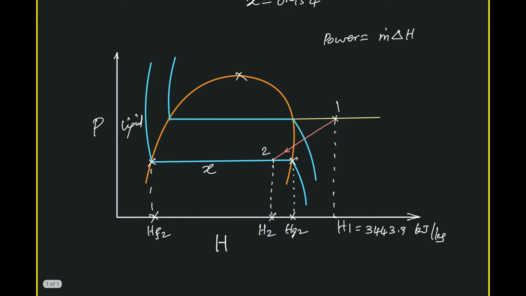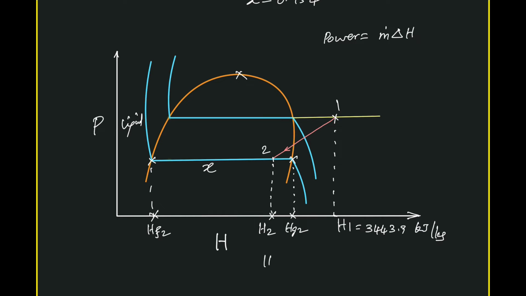How to get H2? H2 equal to, as like that of S2, H2 equal to Hf2 plus x into Hg2 minus Hf2.